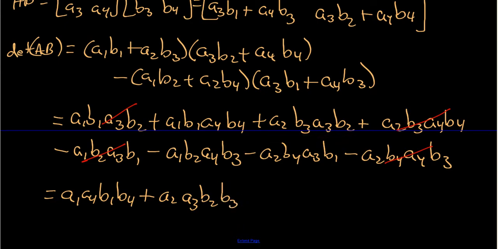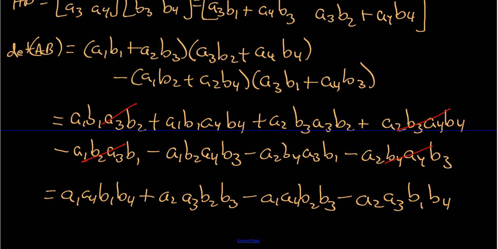And then for this term here, we're going to have minus a1 a4 b2 b3. And the last term that's left in our expression is that one, and we can rewrite that one as minus a2 a3 times b1 b4.